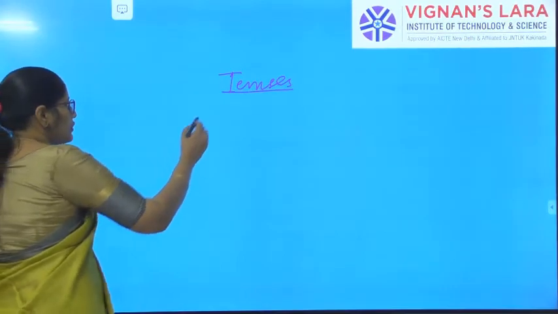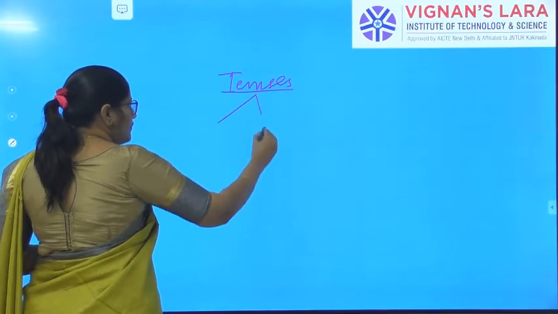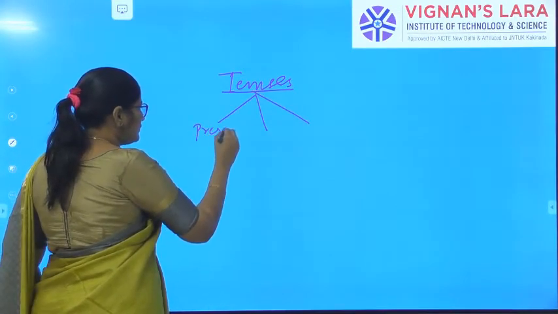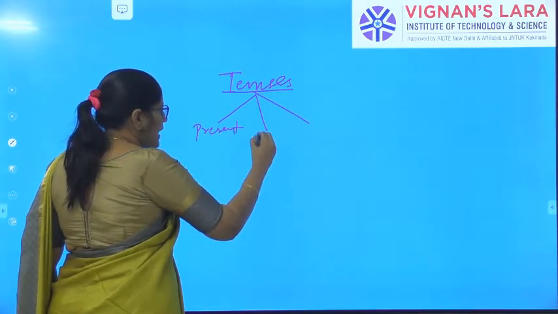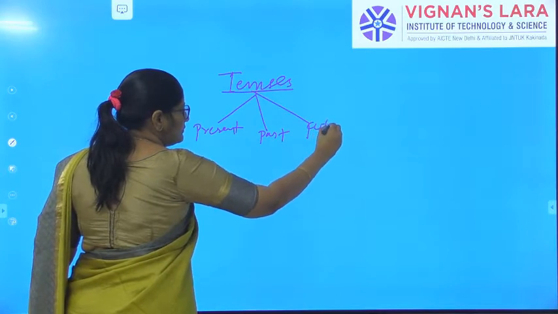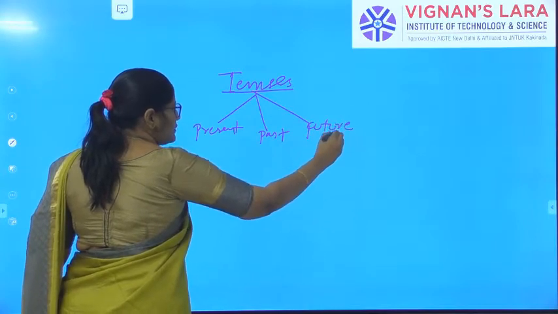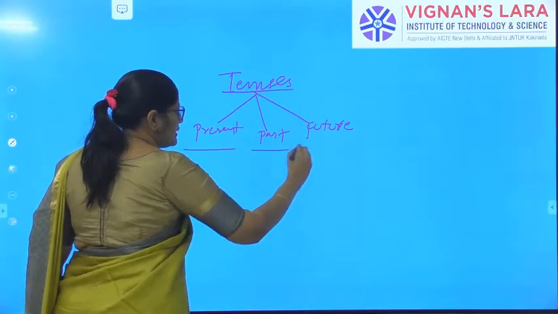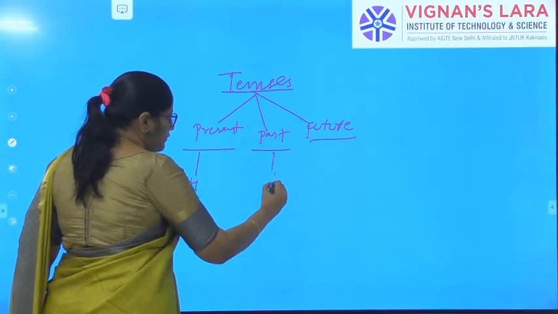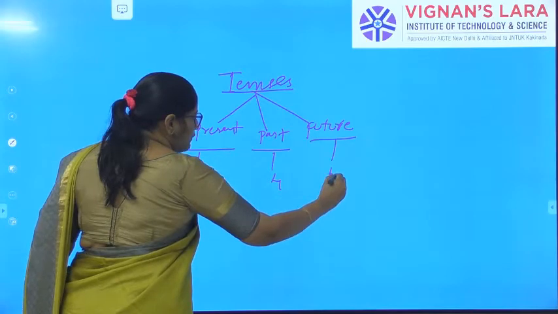We already know we have three types of tense: present, past, and future. No need for a detailed explanation of this. Each can again be four, and again four, and again four.